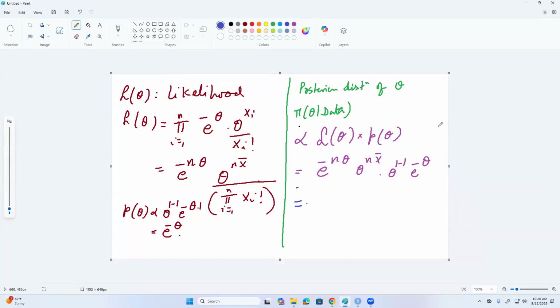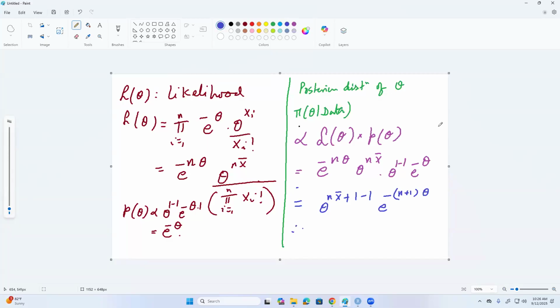Together it is theta to the power n x bar plus 1 minus 1. I keep it as 1 minus 1 because that will help me to identify the shape parameter of the gamma distribution, and e to the power minus n plus 1 times theta.